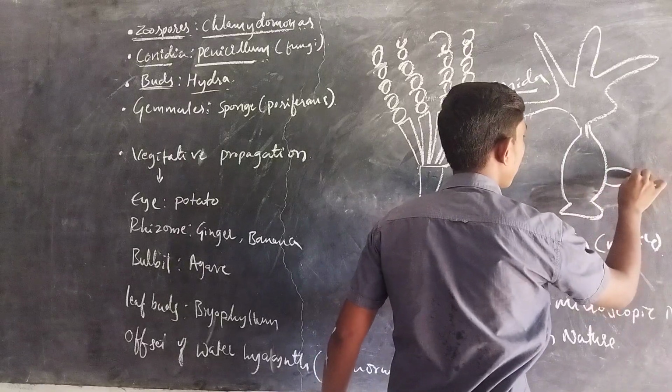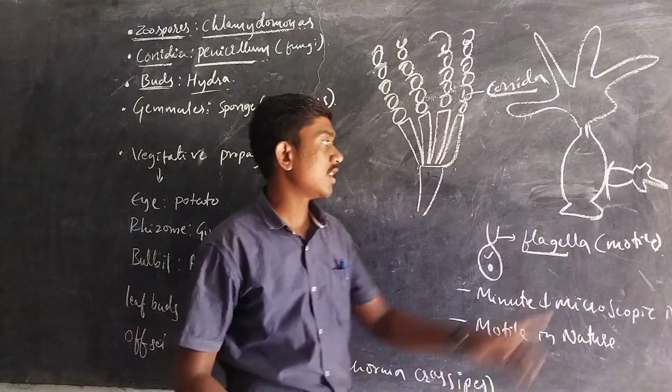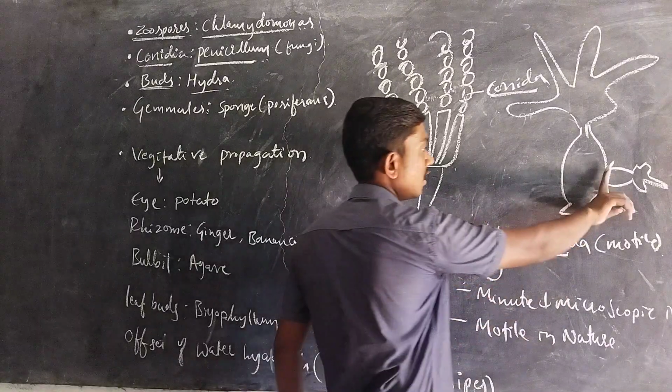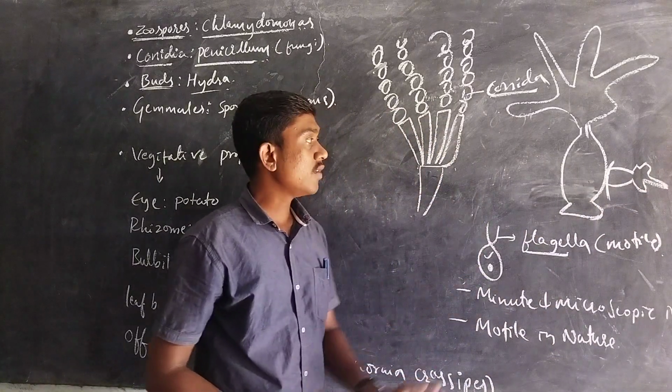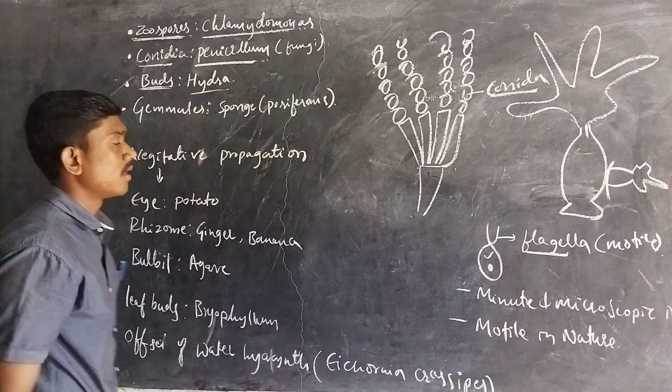So Hydra has the ability to produce such small buds. Initially these buds remain attached to the parental body, and later they grow and mature, detach from the parental body, and have the ability to grow into new individual organisms. That is the buds in case of Hydra.